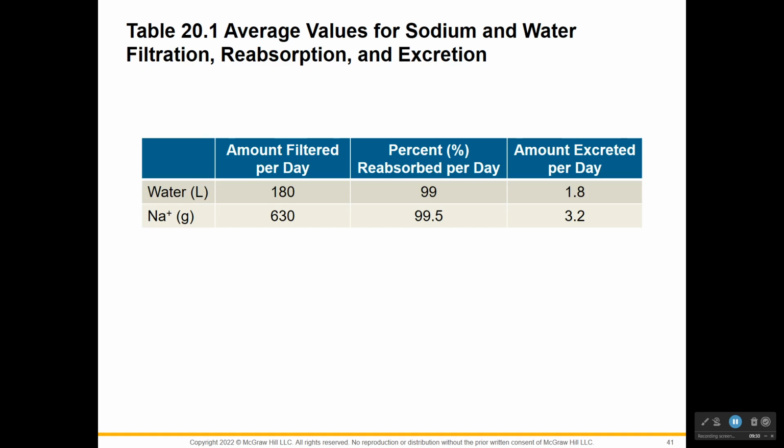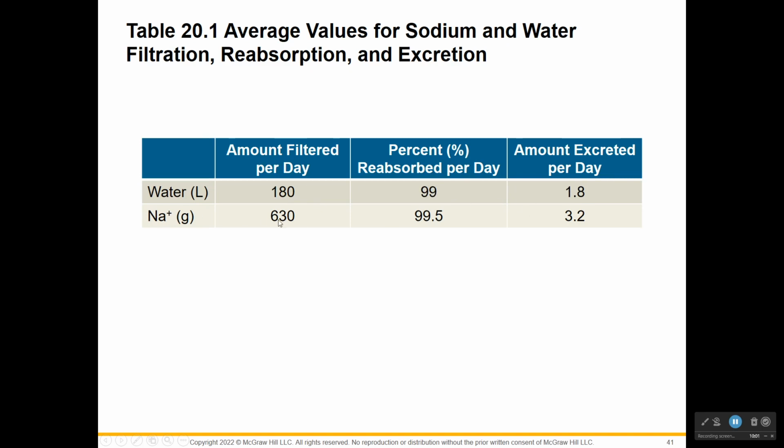So here's some averages for your sodium and water filtration, reabsorption, the percent, and the amount excreted per day. So you have about 180 liters of water, I still think that's crazy, filtered a day with your kidneys, and 99% of that's reabsorbed. So 1% of 180 is 1.8. So this is about how much water you're actually excreting per day from kidneys, right?